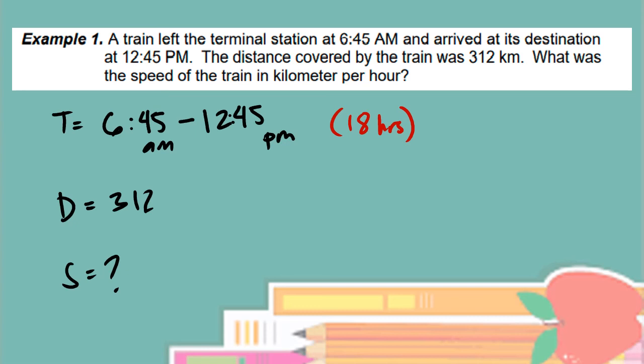Now we can use the formula for the speed. Ano ba yung triangle natin? Triangle natin, nasa taas si D. Si speed ang missing. So, distance over time. Let's divide 312 by 18. So, S will be 312 divided by 18.